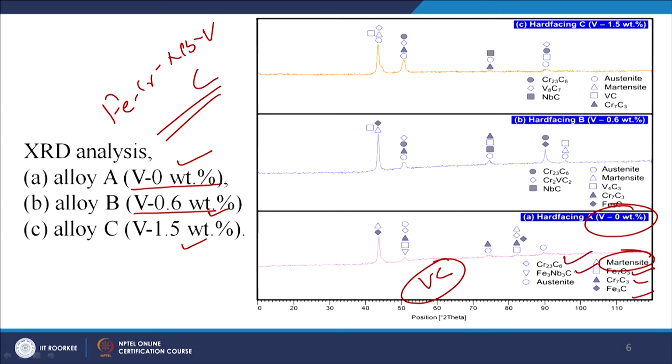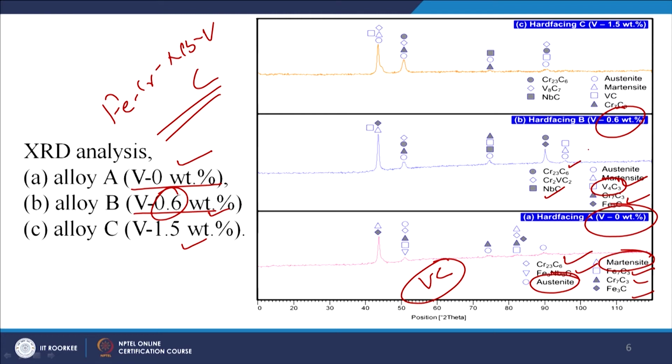Apart from that, there is a presence of the martensite and the austenite in the weld surfacing produced of this alloy system. But when we add the vanadium 0.6%, we find that there is a kind of vanadium carbide present apart from the other carbides and the phases which are present, like in this case cementite, niobium carbide, chromium carbide is also present.